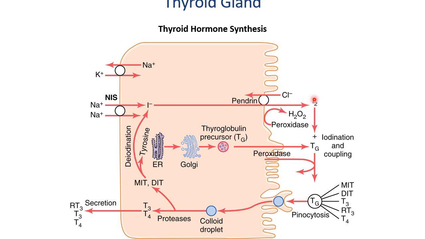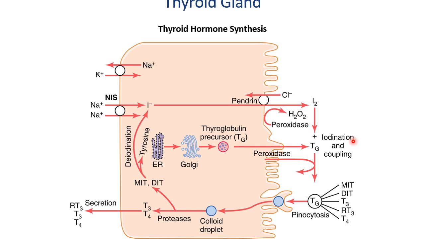This highly reactive form of elemental iodine will be taken up by the tyrosine atoms that are present in thyroglobulin. So this process of incorporating the elemental iodine into the thyroglobulin, which is made up of a lot of amino acids and a lot of carbon atoms, is called organification.